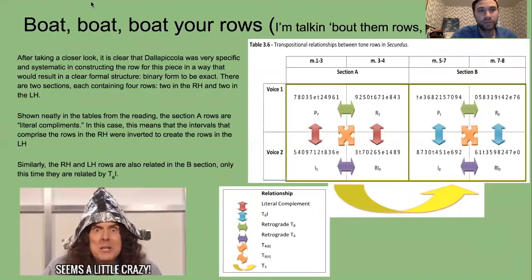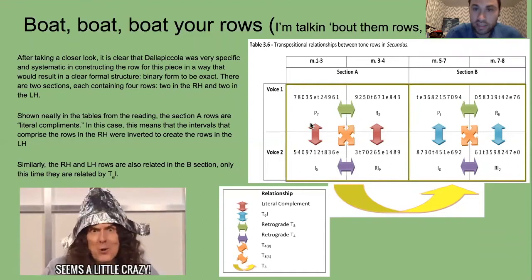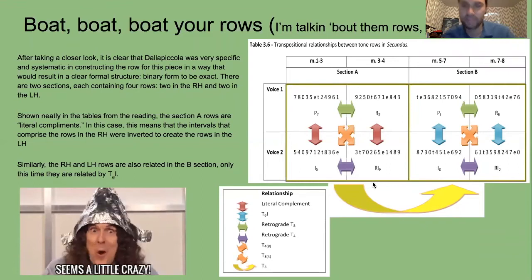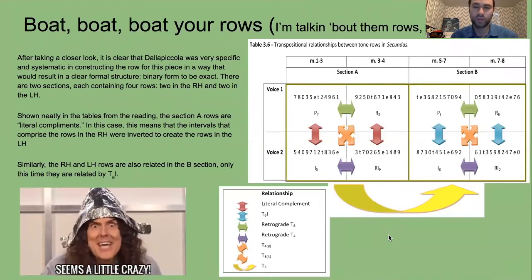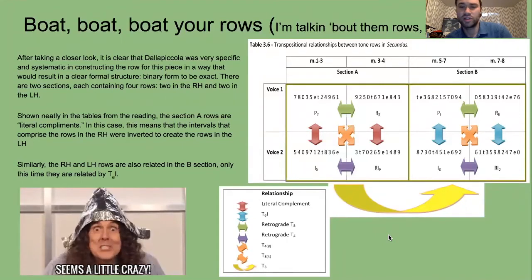So now, this slide, we have this big crazy diagram up here on the right that shows the rows in the piece and how they're all interrelated and connected. But the relationships that we're going to be looking at here have mostly to do with the rows in voice 1 versus the rows in voice 2.